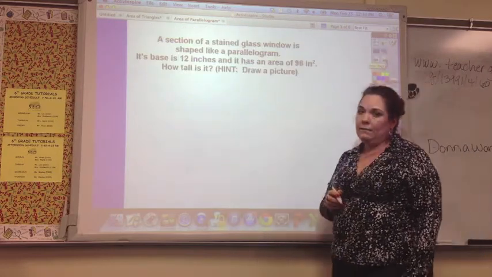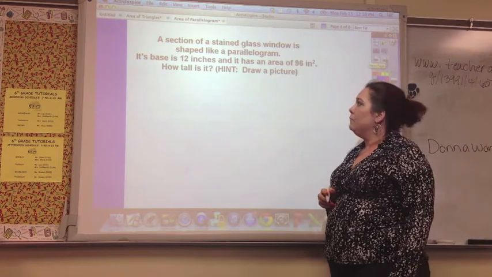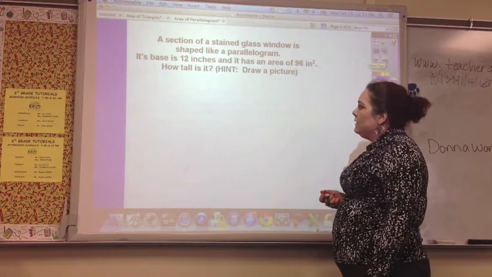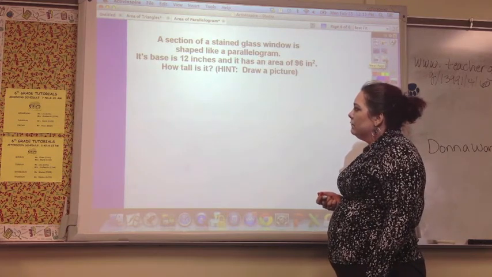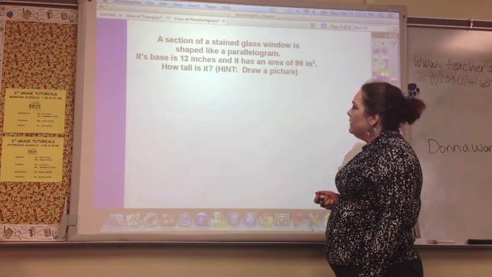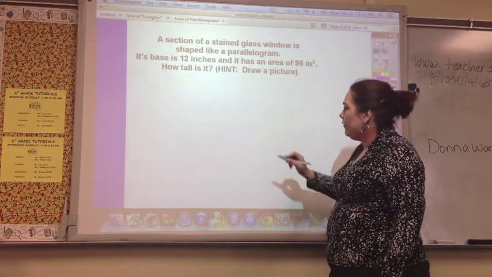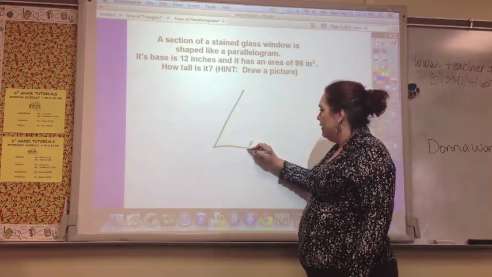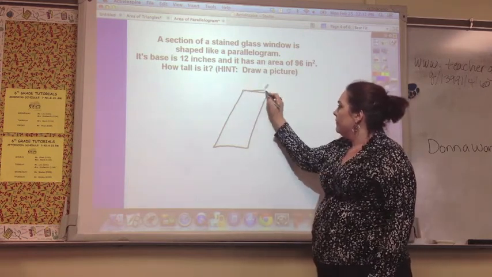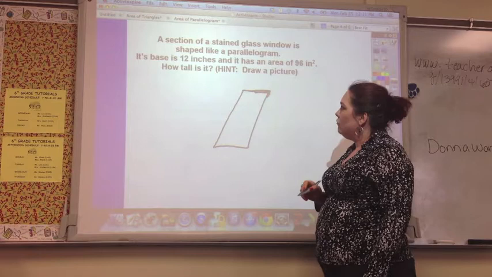Then you're going to see these types of problems in word problems. It says a section of a stained glass window is shaped like a parallelogram. So we've got this stained glass window, it looks like a parallelogram, and you want to go ahead and draw it.